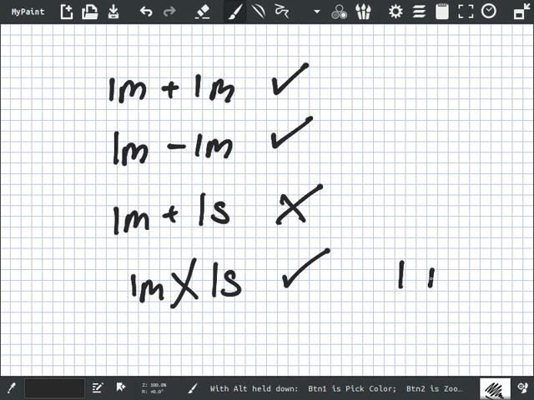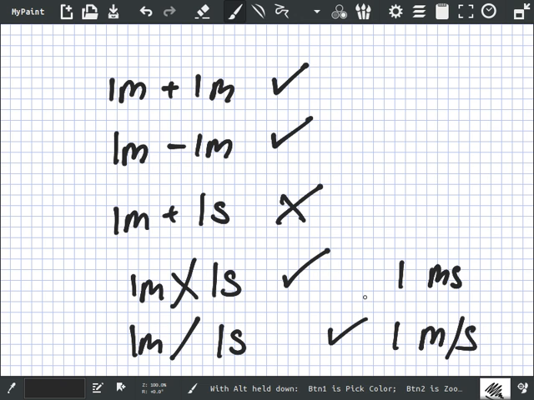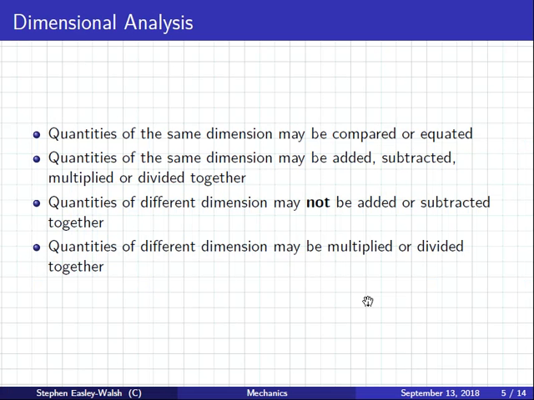That would be 1 meter second. And could you say 1 meter divide 1 second? You can. That would be 1 meter per second. Now I think you know this, so you don't need to write this down. Okay, so let's practice some questions together.